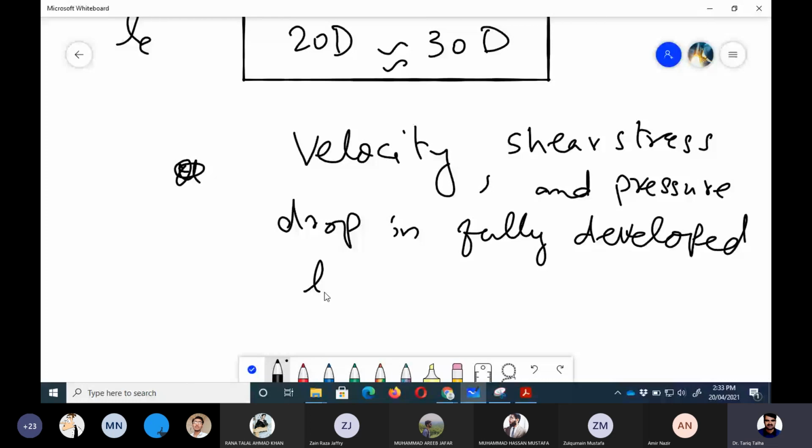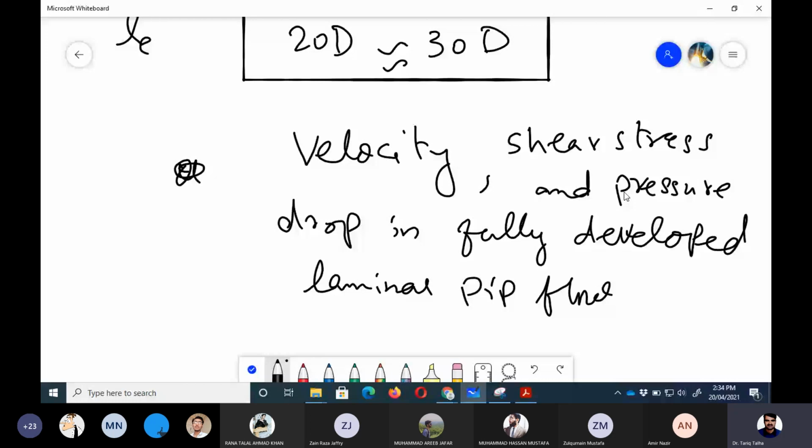So that is our objective: if we know the pressure drop, how can we calculate the shear stress, which is the opposing force in that fully developed flow, and more importantly, how can we determine the velocity due to that applied pressure drop. So that is the objective here.